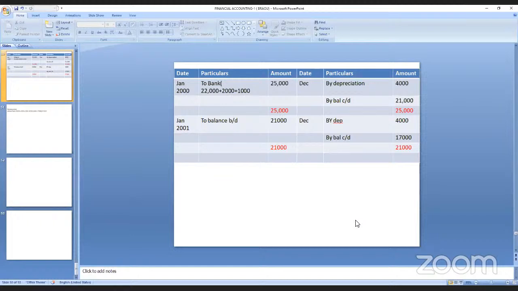Bank charges, debit. Carriage on sales, debit. As I said, discount allowed is debit, discount received is credit. Cash in hand, debit. So these are all the accounts you have to write on the debit and credit side. This is the pro forma: particulars, LF, debit and credit. When you write all this, you have to add both sides and make them equal. Understood?